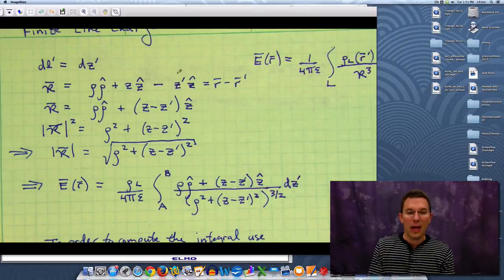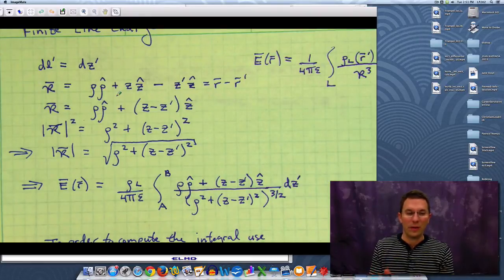Now, our observation point is just located at rho in the rho hat direction plus z in the z hat direction. The sum of these two terms is little r, our observation vector.